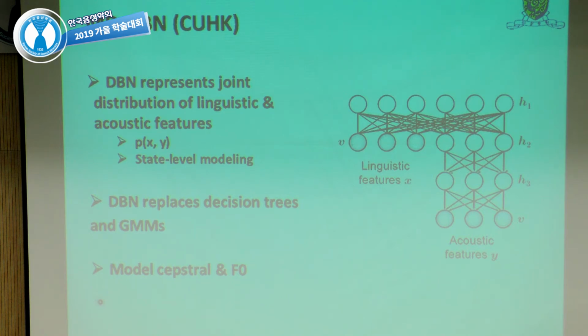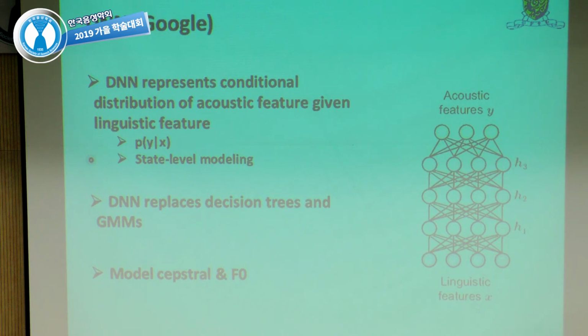We tried to use a DBN to represent the joint distribution of the linguistic and acoustic features, as P(x given y). And here it is state level modeling, where state means the HMM state. And also the work from Google used a DNN to map this conditional distribution from linguistic to acoustic.